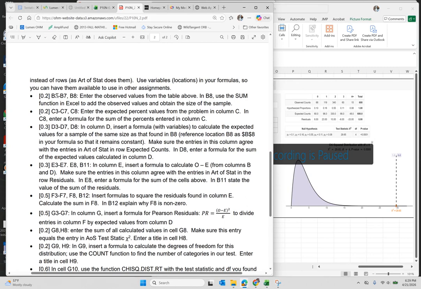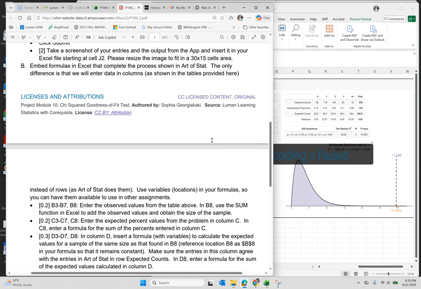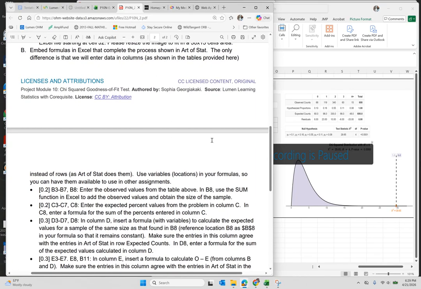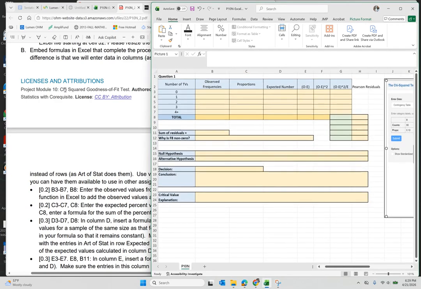And the first step would be to enter the observed values from the table above in B3 to B7. And then in B8 to use the sum function in Excel to add the observed values and obtain the size of a sample, which we hope is 600.